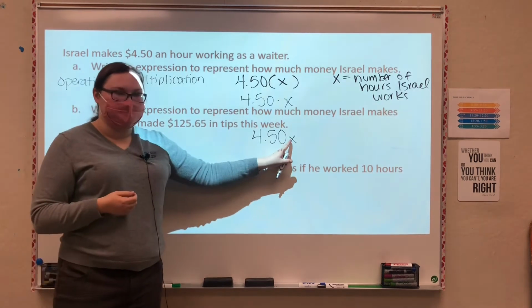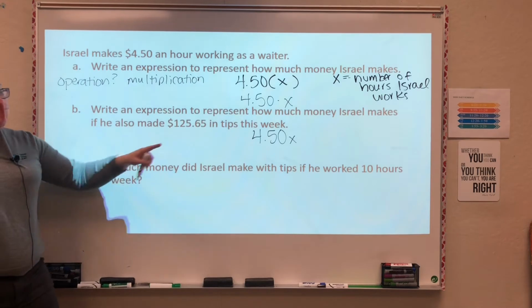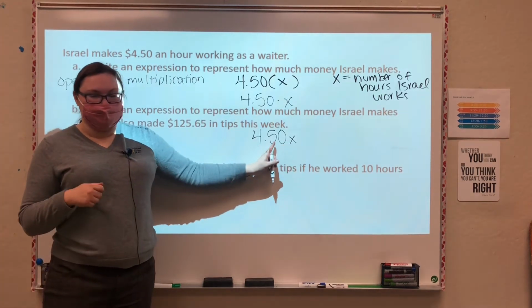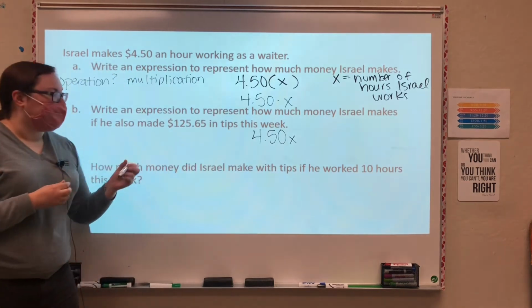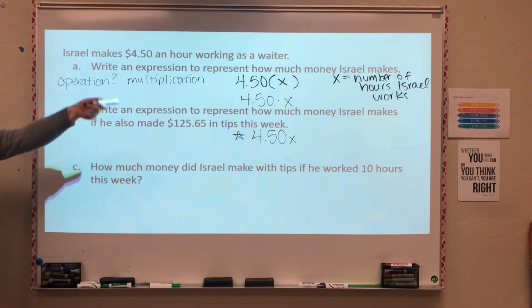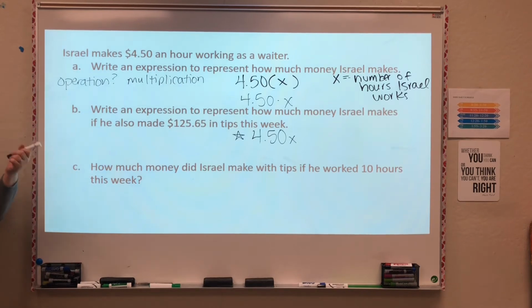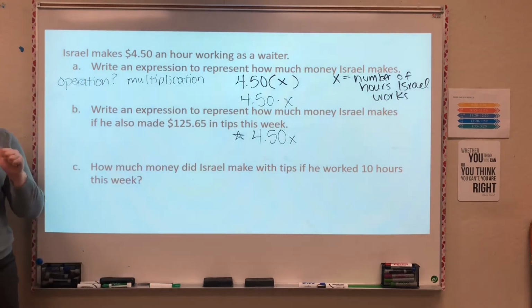Nothing is between them. It just says 450x. And we got to know when you see that, it means 450 times x. So this is probably the most common way to see it. That said, all of these mean the same thing. I would avoid that whole XX thing though. We've got our expression. How are we feeling about that?